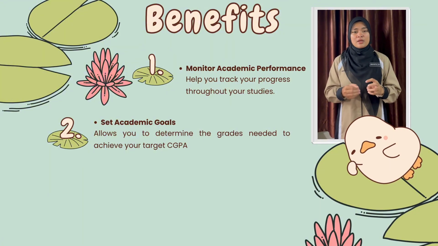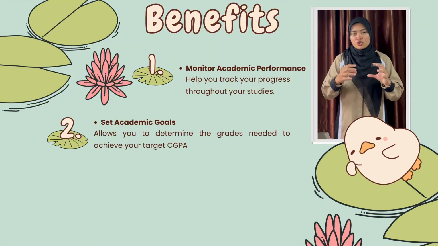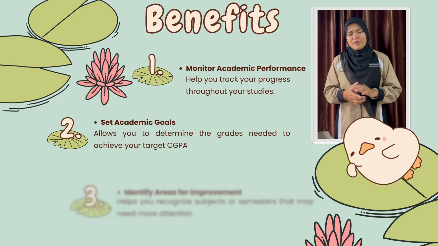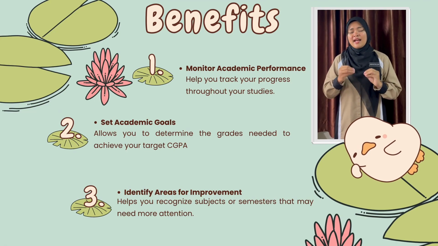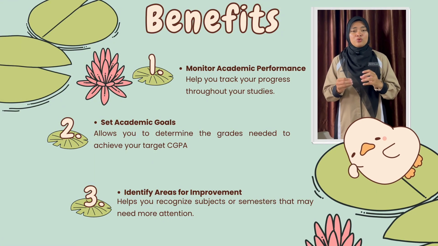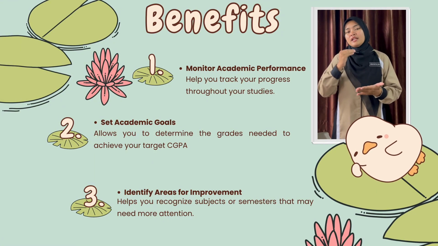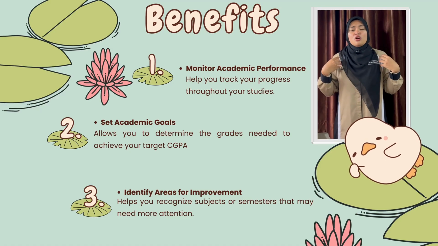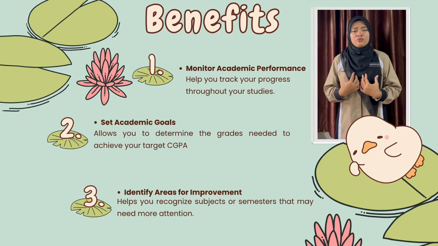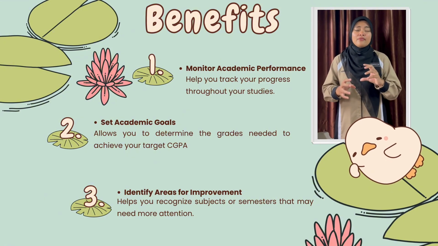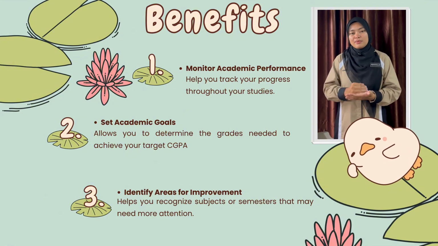By knowing which subject carries the most weightage, you can determine what grades are needed to achieve your targeted CGPA. And last but not least, it will help you to identify areas of improvement, as it can help you identify which subject or semester needs extra attention or focus, because we don't want to exhaust ourselves by studying hard. What we aim for is to study smart and have a strategy to accomplish what we want.